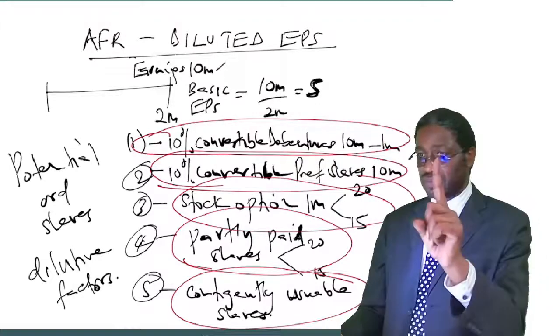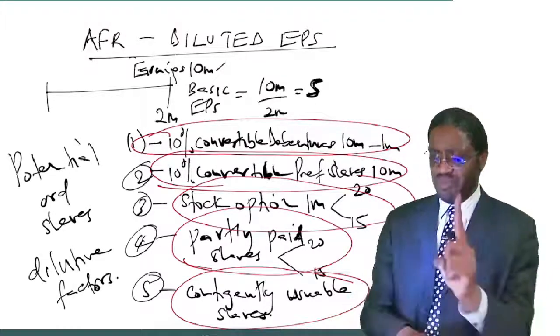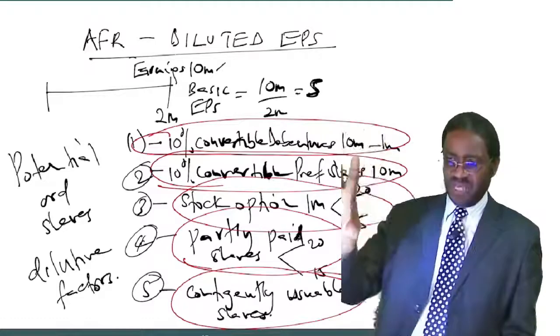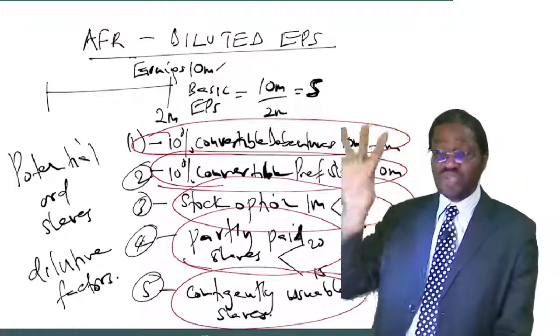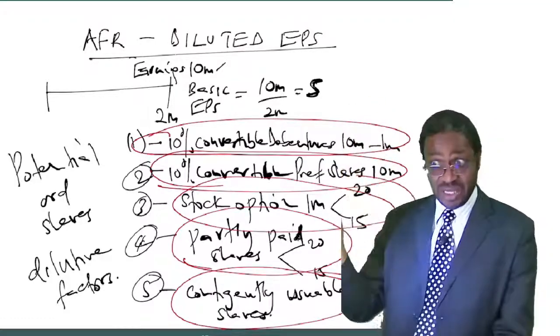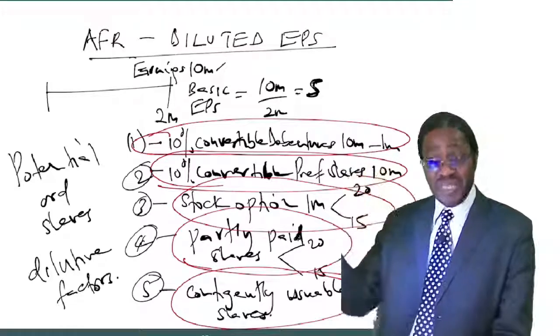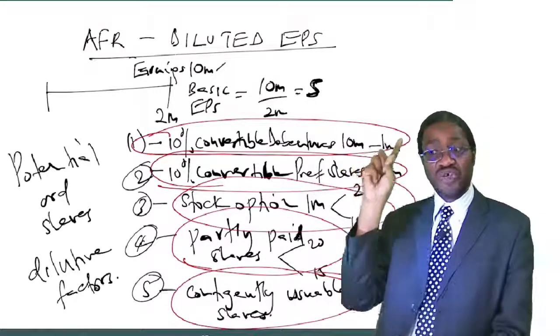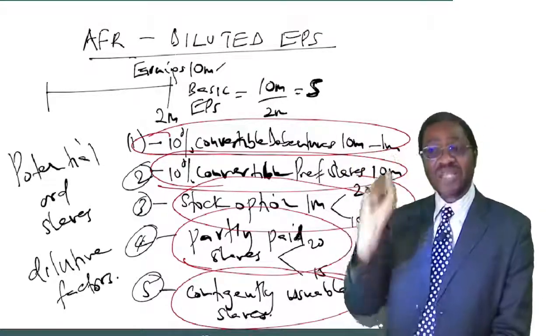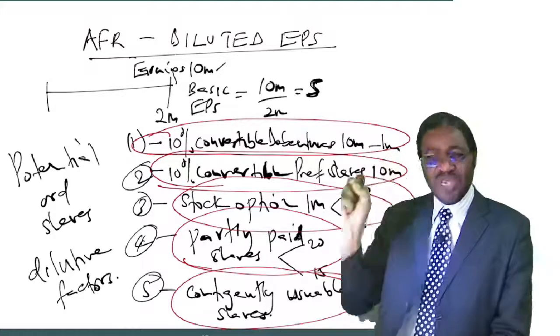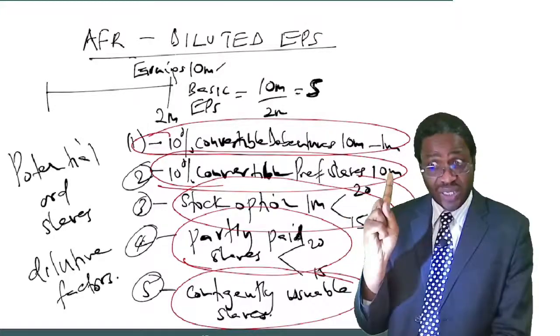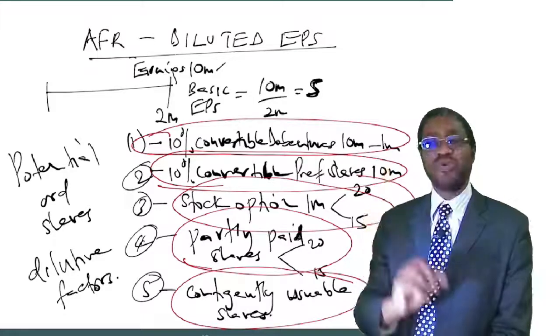Number 1, for convertible debentures, we have said to the earnings used for basic EPS, you add the debenture interest to be saved, net of what? Net of tax. I hope you remember.